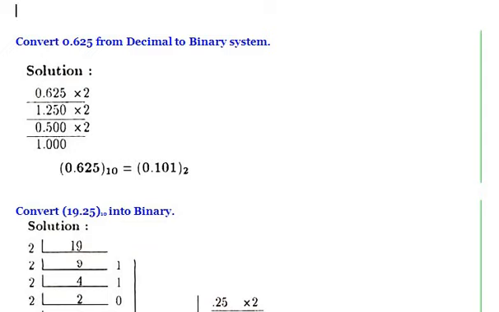Again multiplied by 2, you get 0.500. Multiplied by 2, you get 1.000, and you stop at this stage. So take out the things before the decimal point. So it is 101.